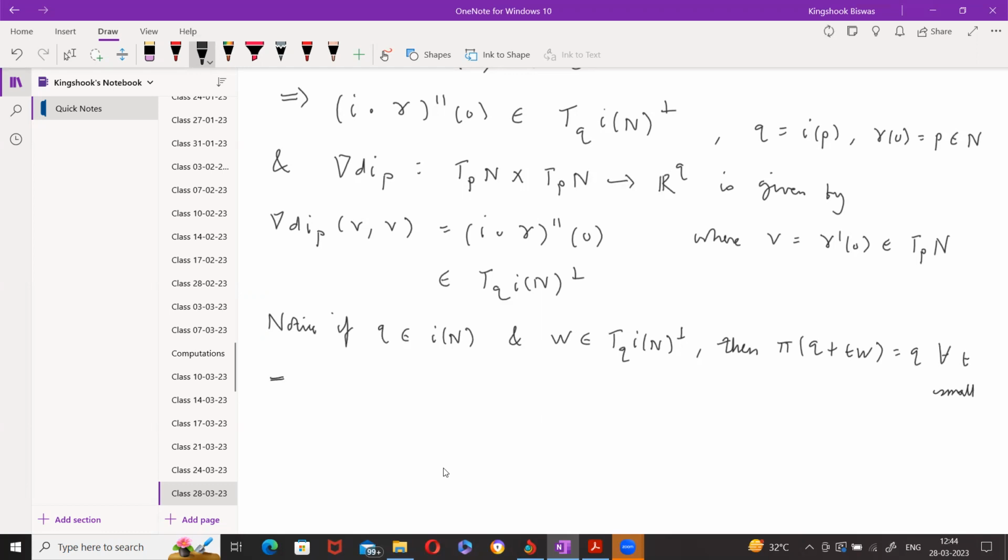So that implies that d pi of the orthogonal complement, d pi at Q of W, this is d/dt at t equal to 0 of pi of Q plus tW.